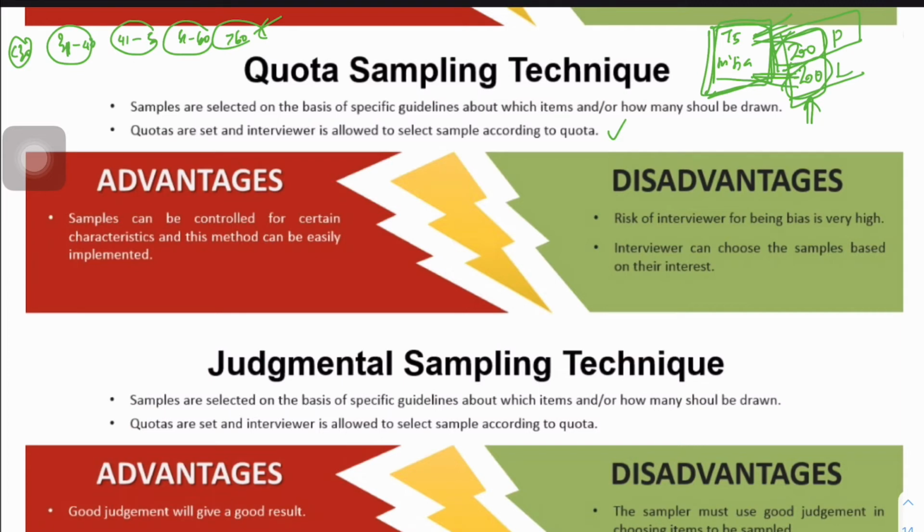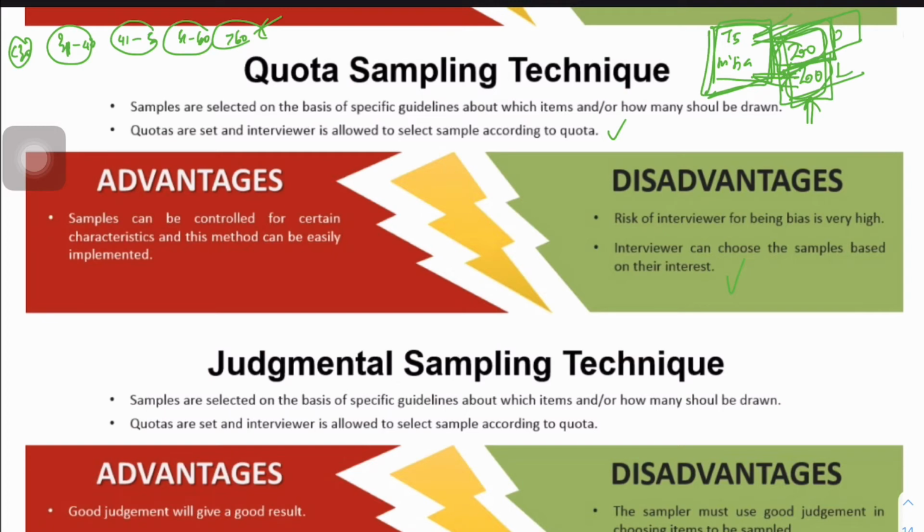Okay, tapi disadvantage dia, risk of interviewer for being biased is very high. Of course lah, sebab quota ni kita yang set. So sometimes kita boleh set quota mengikut kita punya preference, apa yang kita suka, bukan mengikut keperluan sometimes. So dia akan jadi bias lah dalam kita punya research. So it cannot represent the whole population itself sebenarnya. Okay, so interviewer can choose the sample based on their interest.